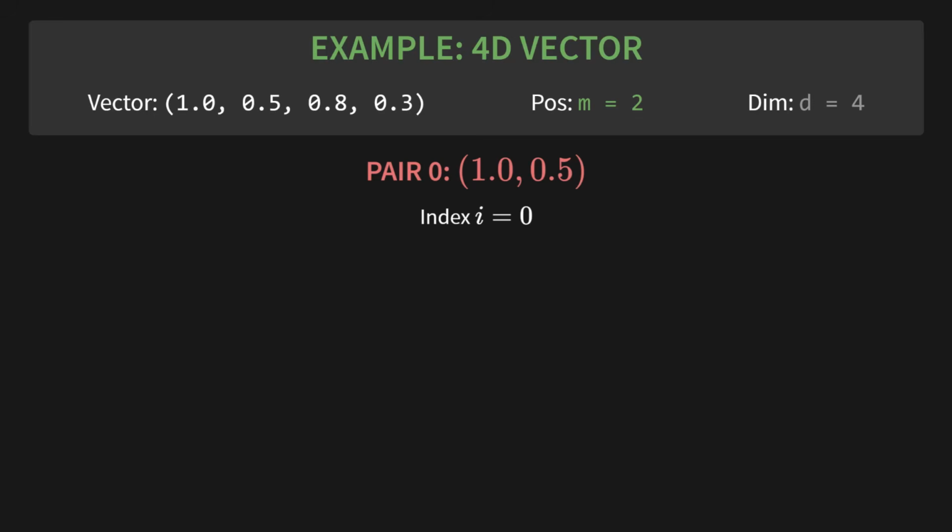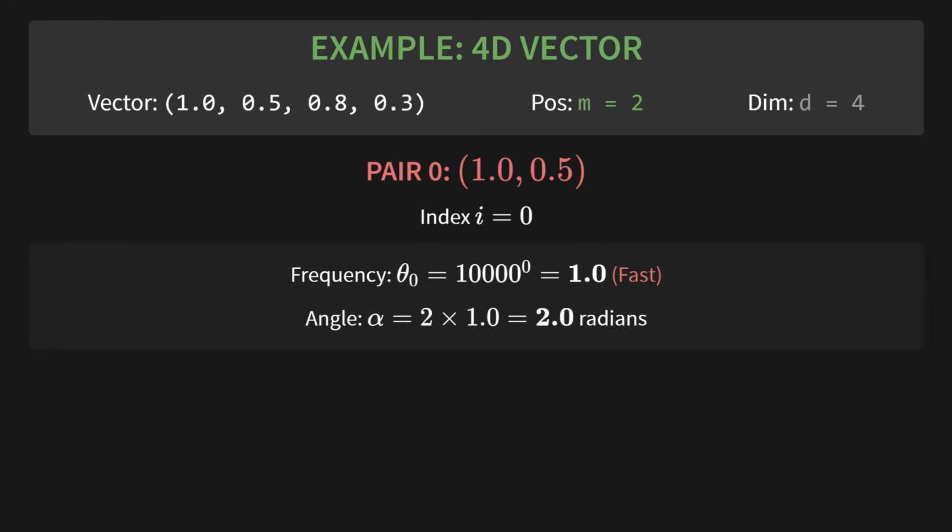The index here is i equals 0. So the frequency, theta 0, is 10,000 to the power of 0, which is just 1. This is our fast rotator. The final angle is the position, 2, times our frequency, 1, which is 2 radians.